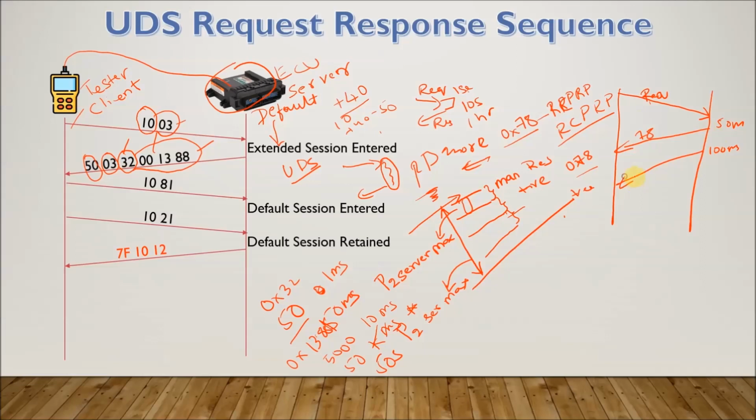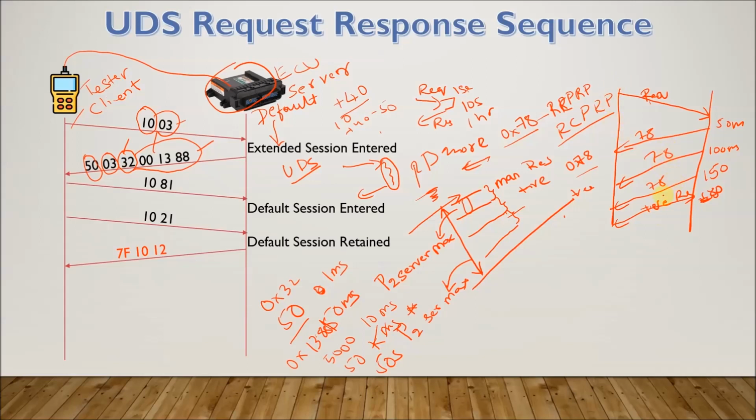So one more 78 is sent, then at 150, one more 78 is sent, right? So 200 and so on. Let's say at 180 the positive response is ready, so it will send the positive response.